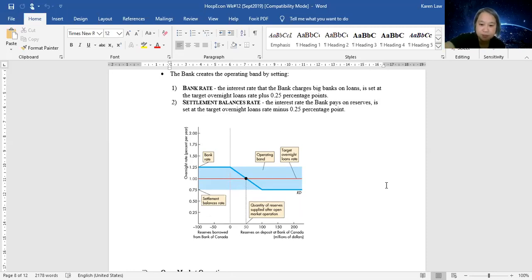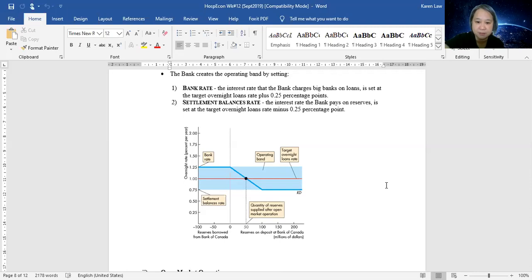So basically, when the Bank of Canada wants to raise interest rates, they will increase the settlement balance rate. They will increase the bank rate, and this whole band will move up, thus increasing short-term interest rates. So that is the first thing they're going to do.